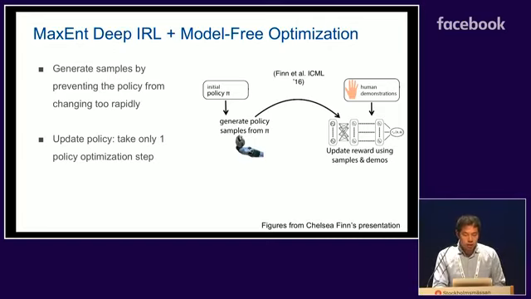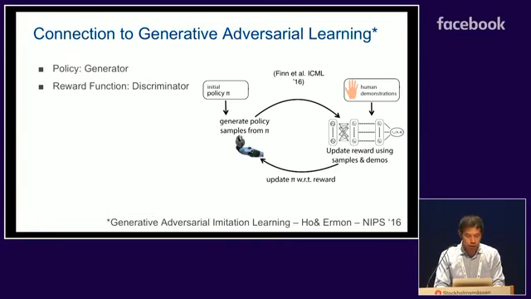And then using this estimated reward, instead of solving the full reinforcement learning problem, we're just going to do one gradient step of model-free policy optimization. And this improved policy will in turn presumably generate better sampling distributions for the subsequent iteration.